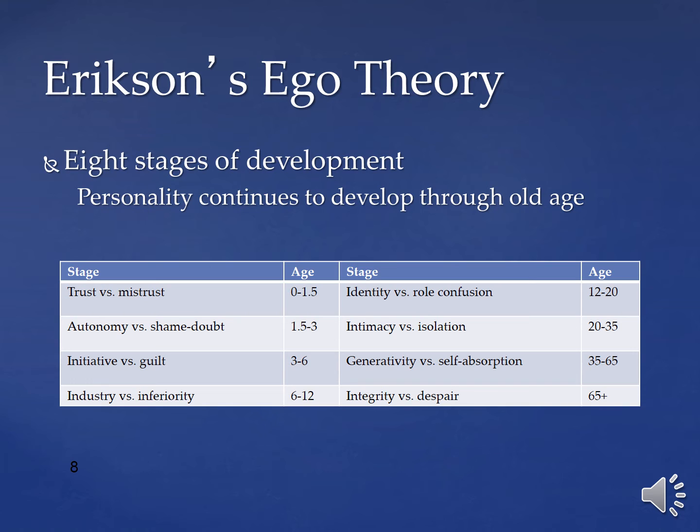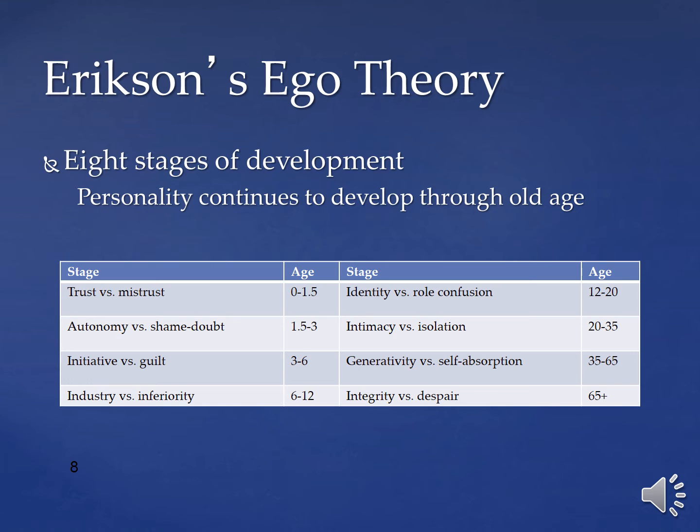And if something bad happens to the individual while they are in this stage and that energy gets channeled in another direction, then they will not accomplish that goal. And that's why we have the names of these categories like you see.